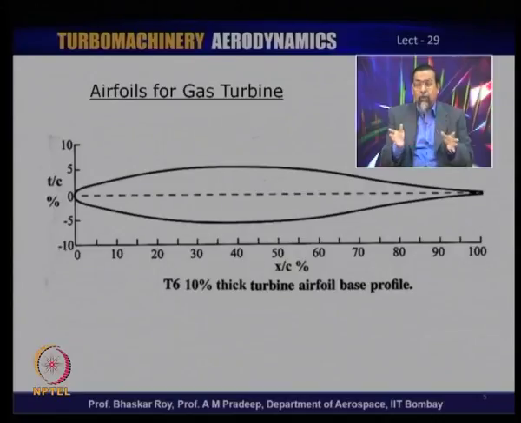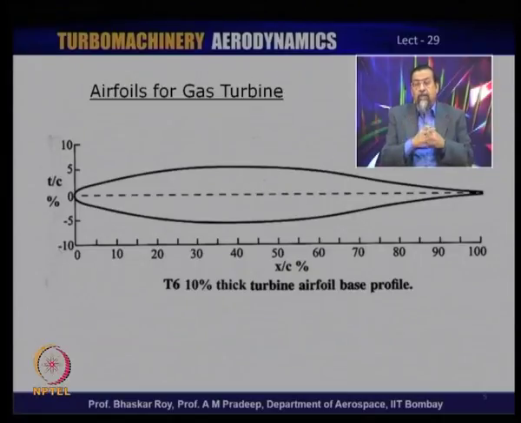Here we are showing a 10% thick turbine profile. One can have even thicker ones up to 20%, which are used in rotors. Slightly thinner ones are normally used in stators, and thicker ones are actually used in rotors.